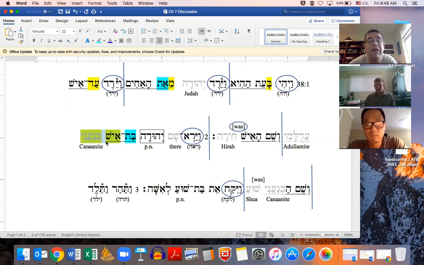I have to establish that Ish and Kana'ani are connected, that this is just an adjective, and that they occupy the same slot, namely it's a man, it's a Canaanite, and I have to go through a little bit more lengthy process of identifying that these really belong together so that I don't insert a word in the improper place. Okay, all right, David, back to you.